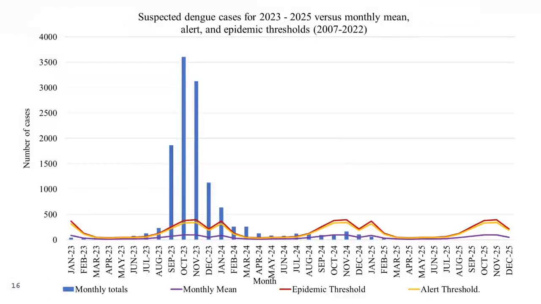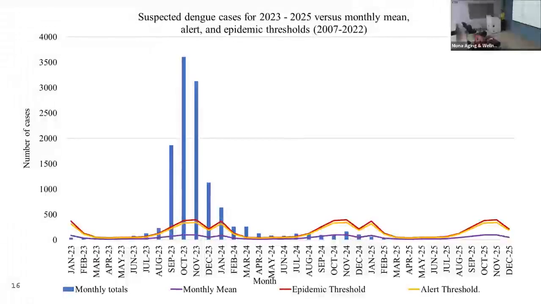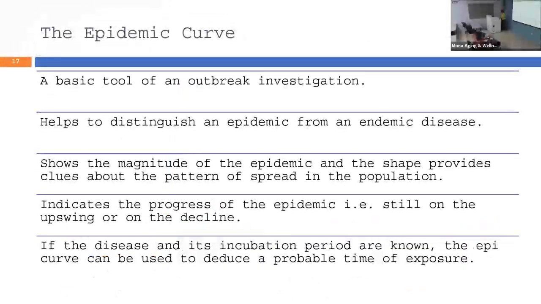Because if you see that you're over what we're used to, that means something's happening out there, or maybe we're not doing something that we're supposed to be doing. So then we investigate, plus have intervention as well. Okay. All right, thanks for that.